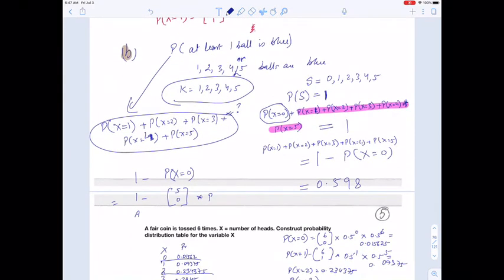So okay, I used the wrong probability. That's not the correct answer.